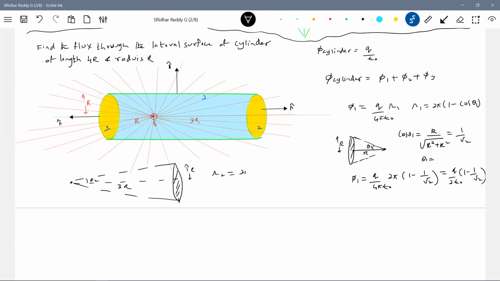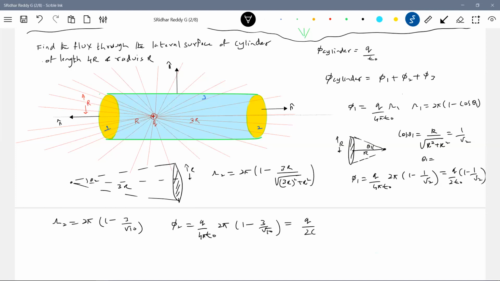So solid angle 2 pi (1 minus cos theta), where cos theta is 3r by root of (3r) whole square plus r square. One minus, so this r will get cancelled. So 3 by root 10. So phi 2 should be equal to Q by 4 pi epsilon naught times 2 pi (1 minus 3 by root 10). Okay, now we know the flux linking the flat faces.